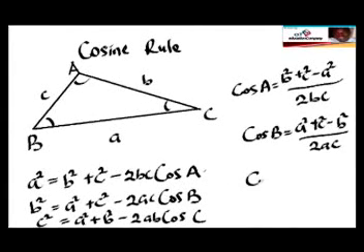And here, if I'm looking at cos C, it is equal to a square plus b square minus c square all over 2ab.